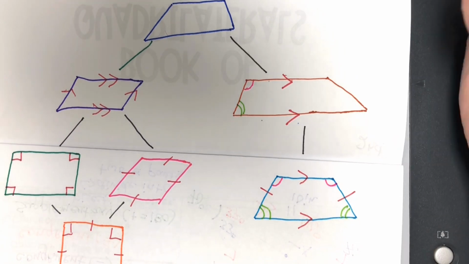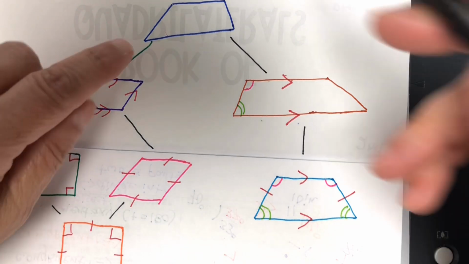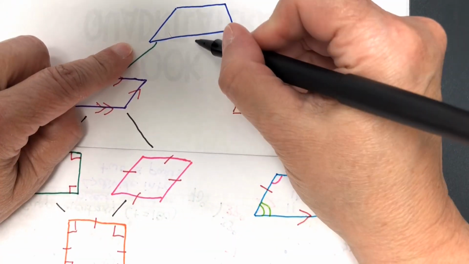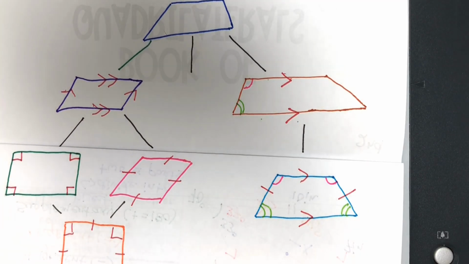Okay, so we have our parallelogram branch. These are special parallelograms. We have our trapezoid branch. Tarver also talked about a kite. A kite has no parallel sides.